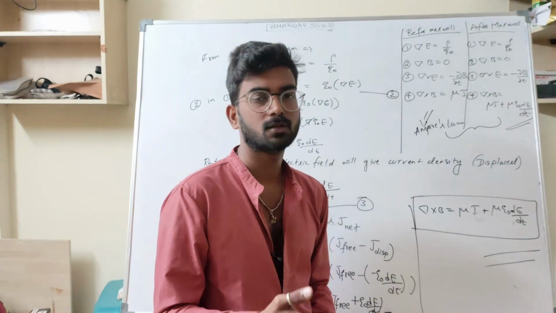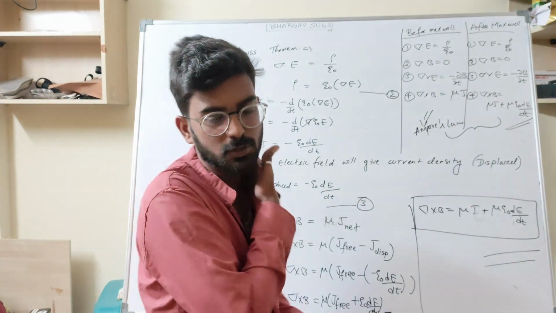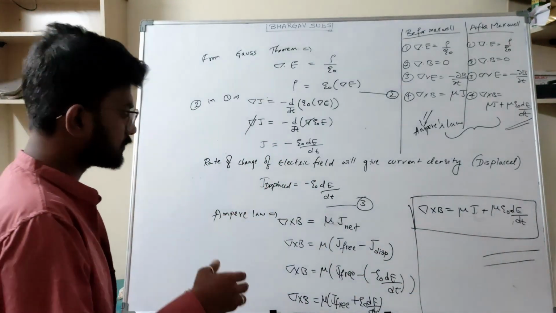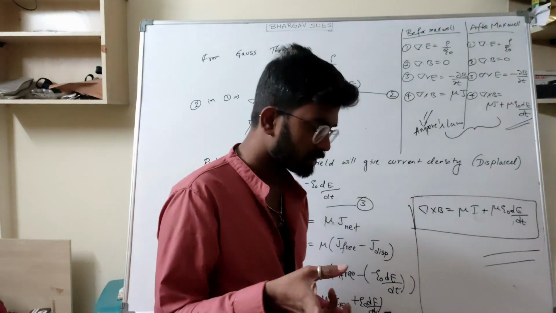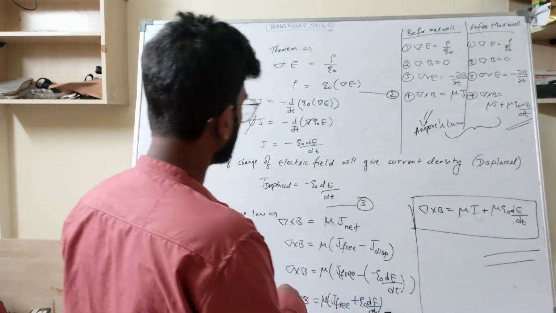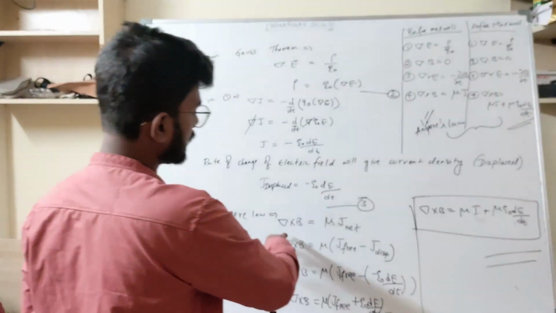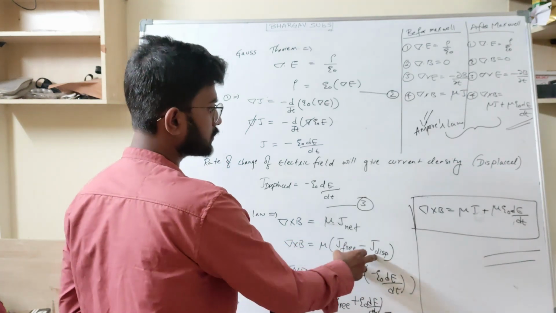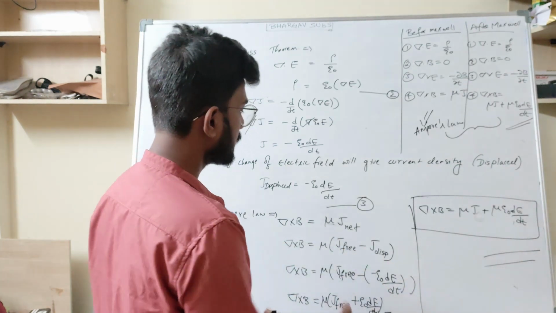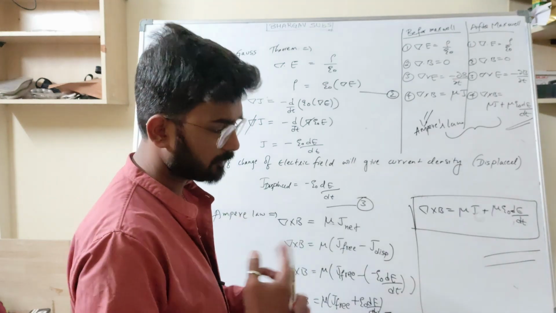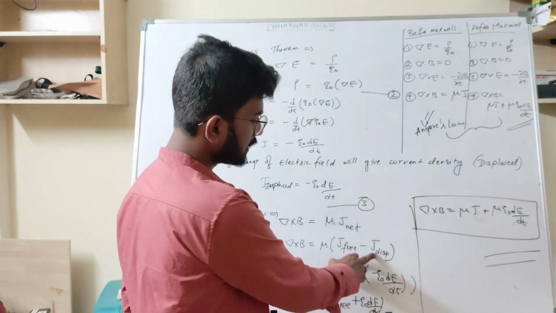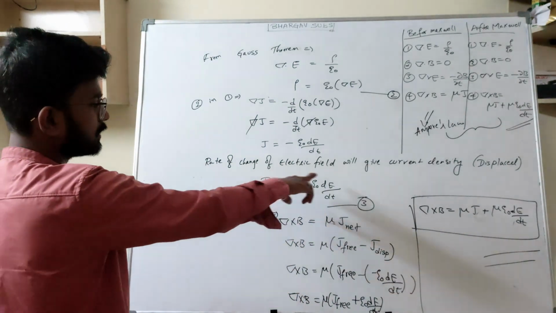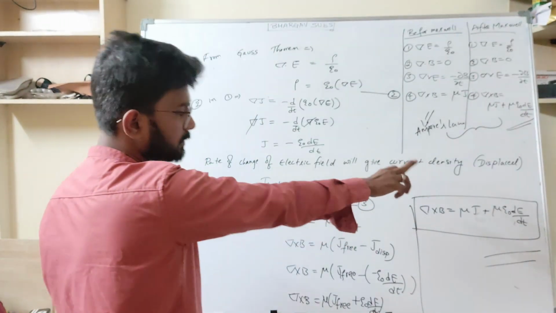Finally he considered the equation of continuity and substituted Gauss's law. After that he applied Ampere's law with J net: not only J free, but also a displacement current density. After substituting Gauss's law you get this displacement current, because the rate of change of electric field gives the displacement current density.